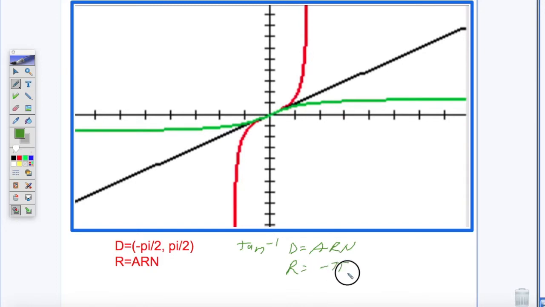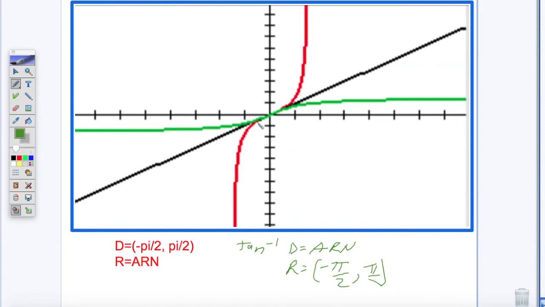-pi/2 to pi/2. And again, I can't stress enough with the inverse trig functions, the input is the ratio, the output is the angle.